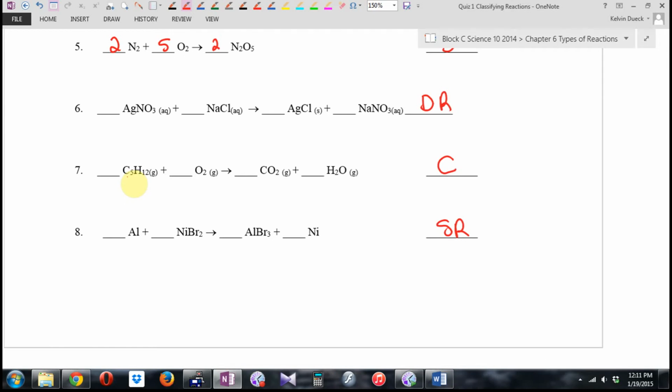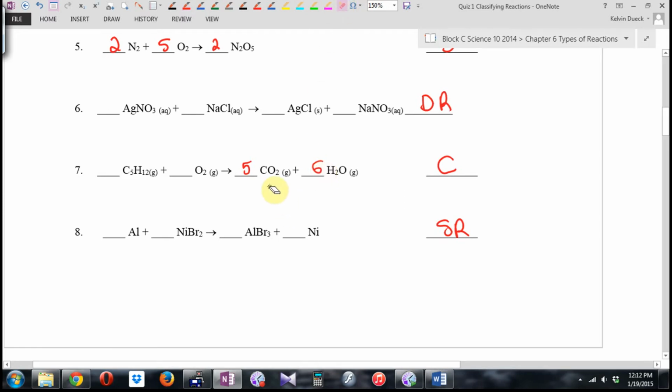Number 7, these ones I always find tough. Start with the carbons. So I got 5, I got 1. So the first thing I might think is maybe I'll put a 5 there. Then I do the hydrogens, then I save the oxygens for last. Hydrogens, I got 12. Right now I got 2. I can put a 6 there, that gives me 12.